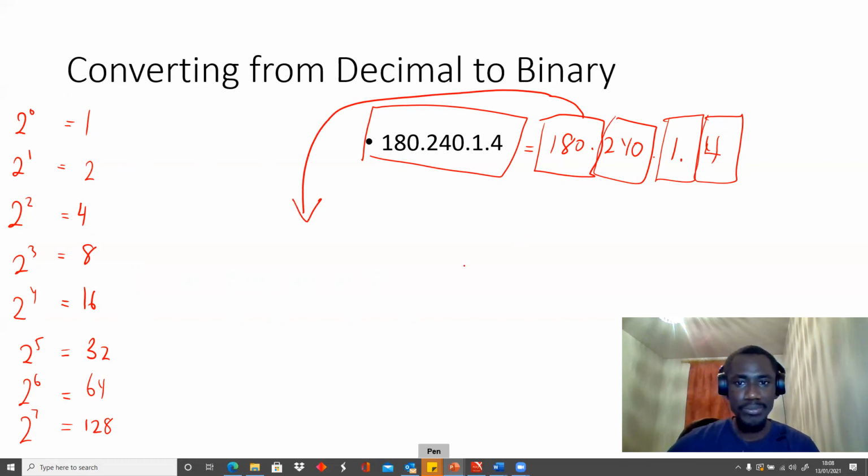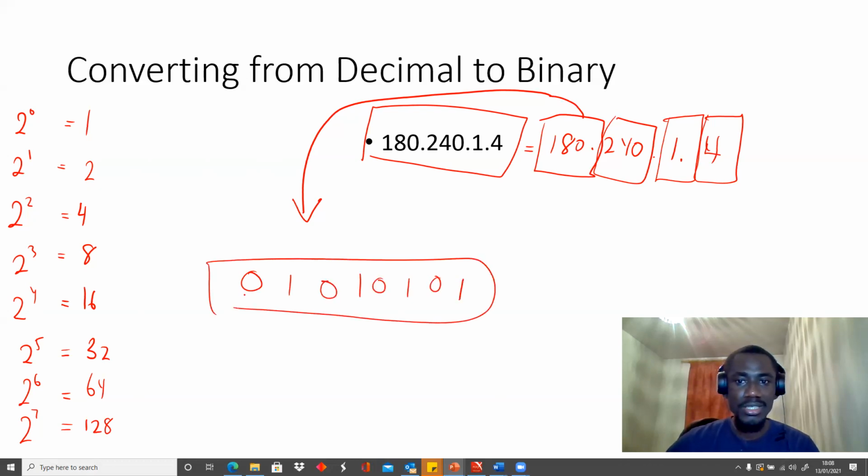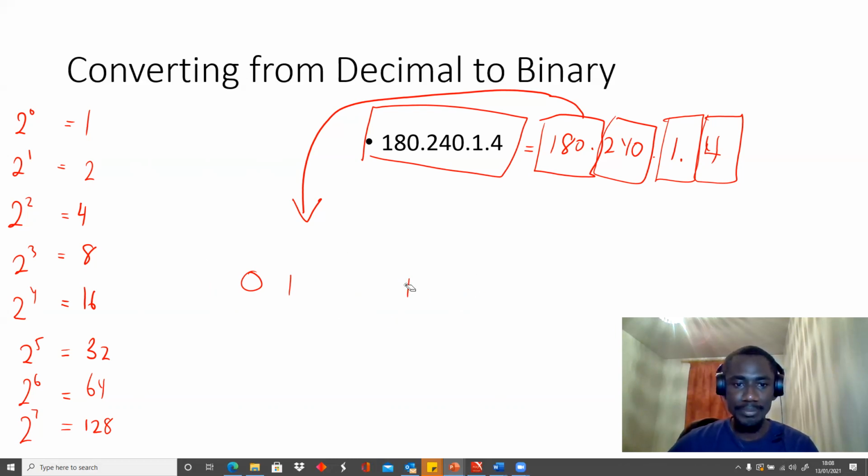So what do I mean? Every number, like what we have here, can be translated into 8 different zeros and ones. This may not be a direct translation, but we have maybe 1, 2, 3, 4, 5, 6, 7, 8. This is what I mean. So each number can be translated into something like this.